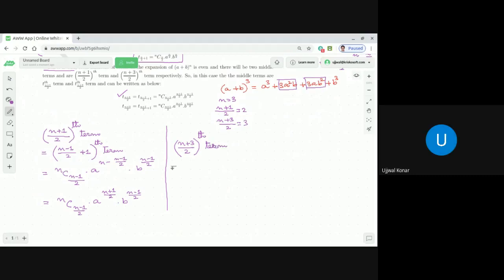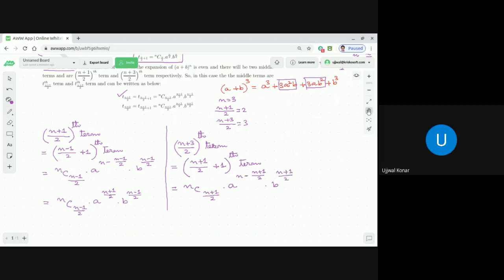It is the ((n+1)/2 + 1)th term. Correct or not? And that is equal to nC(n+1)/2 into a to the power n-(n+1)/2 into b to the power (n+1)/2.